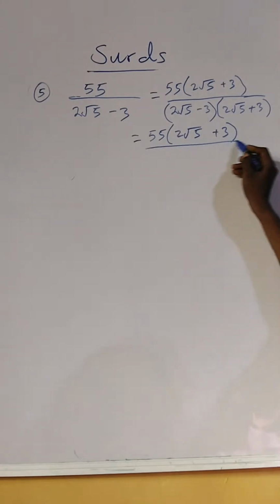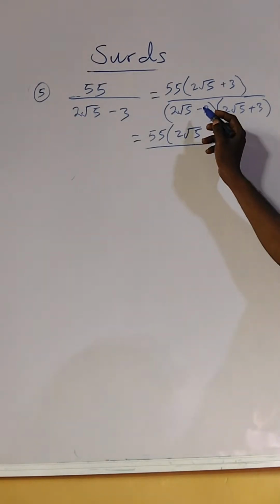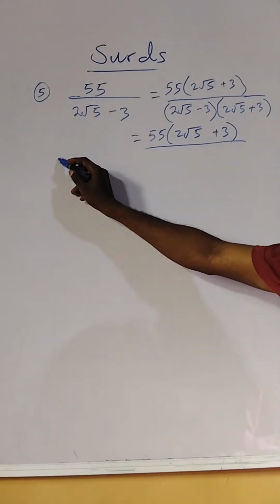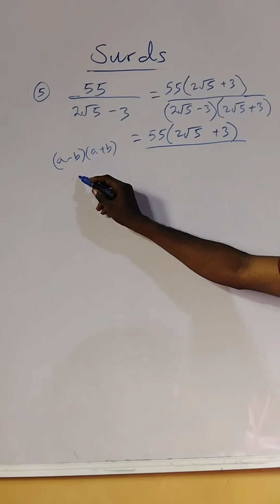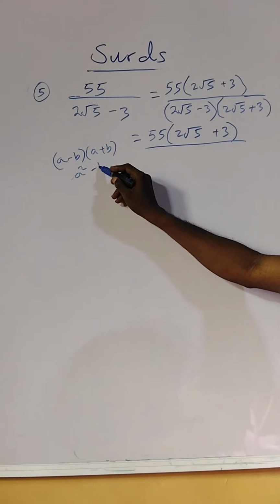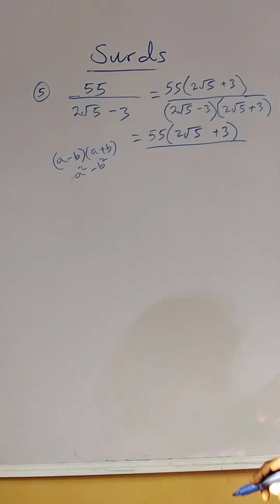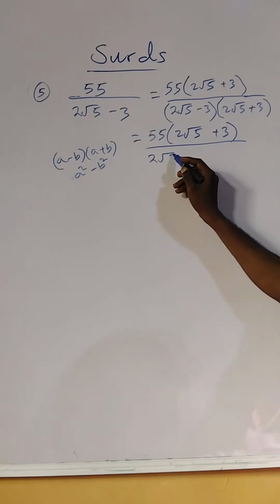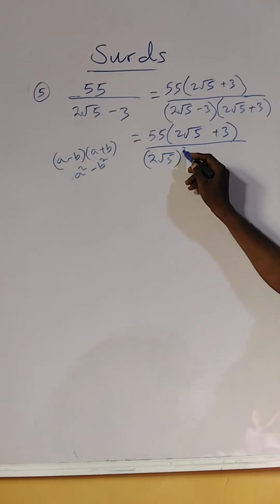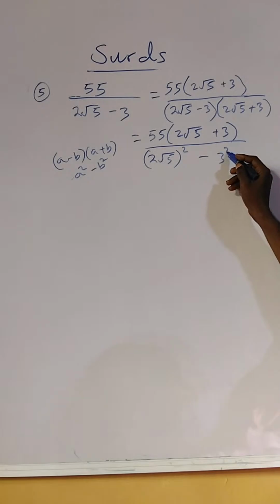then divided by, now here this also follows when we have a minus b into brackets a plus b, which you can write as a square minus b square. That is, here a is 2 root 5. We have 2 root 5 all square minus 3 square.